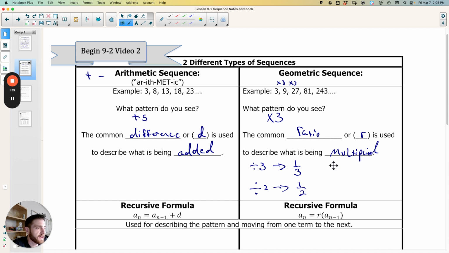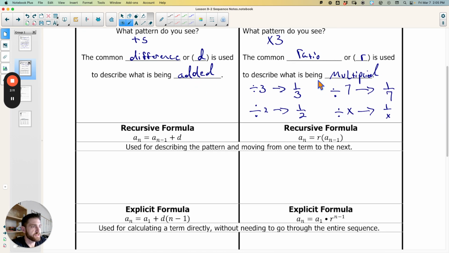If I say divide by 7, that's multiplying by 1/7. Same thing if I say divide by x, that's multiplying by 1/x. So just keep that in mind for these. This is a really important concept to be able to wrap your mind around.